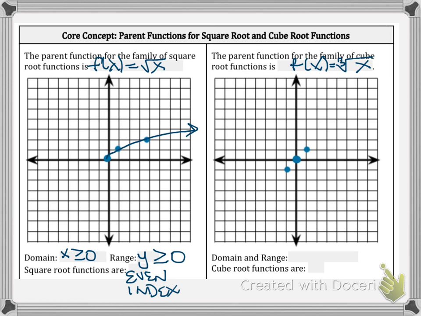The next perfect cube is 8. Cube root of 8 is 2. So this is the parent function for a cube root. The domain and range are all real numbers. Cube root functions have odd indexes. Okay, so an odd index.